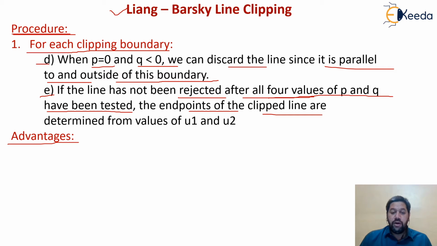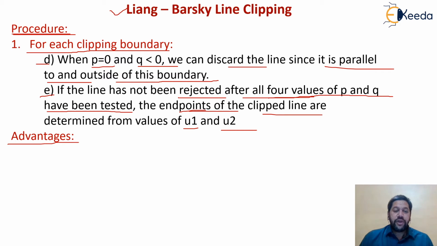The endpoints of the clipped line are determined directly with the values of u1 and u2. So we consider the values of u1 and u2 to find the intersection point directly with the help of the parametric equation.